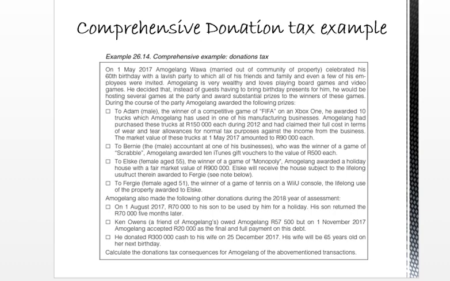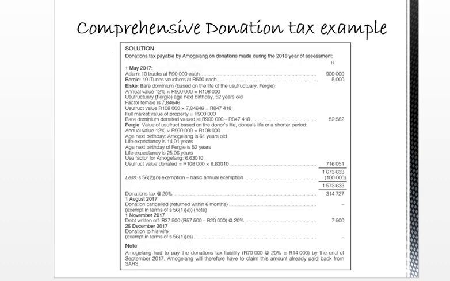For the bare dominium, it's based on the life expectancy of the usufructuary, who is Fergie. She has the right of use of this property. The property is valued at 900,000 Rand. We need to capitalize it at 12%, so the annual value is 108,000 Rand. What is Fergie's age at her next birthday?